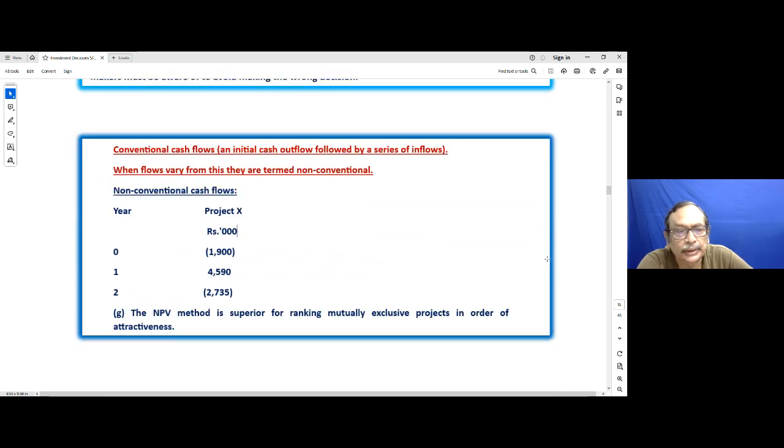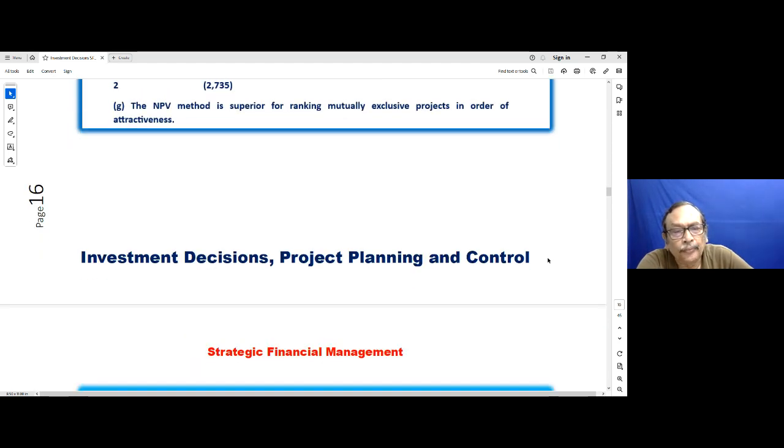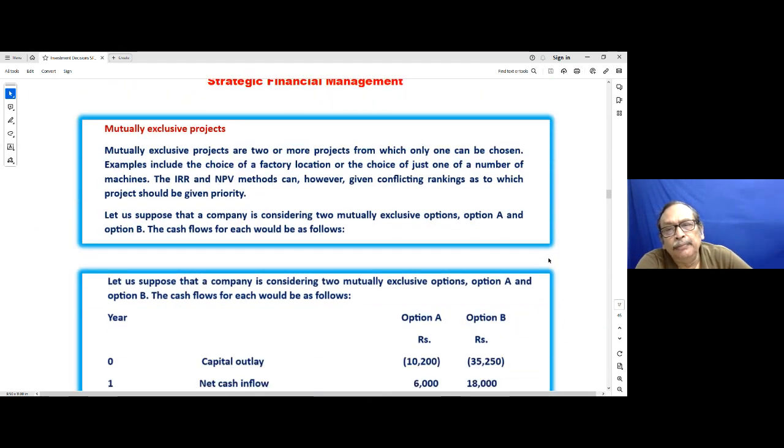Now, in case of mutually exclusive projects, that is, when there are two projects in the pipeline, you are going to select one project and reject outright the other project.